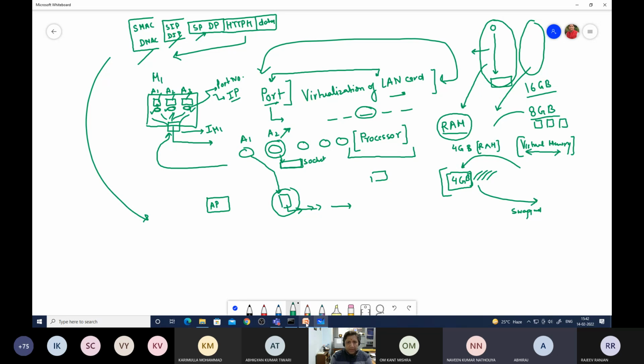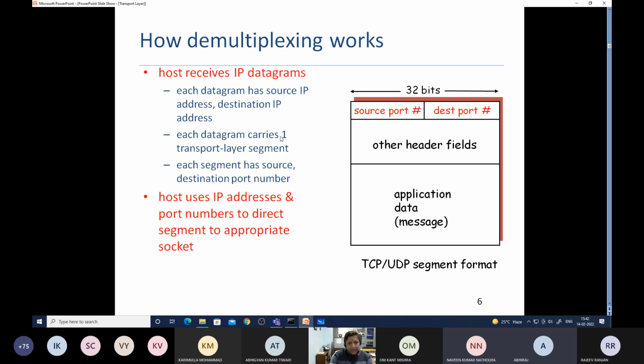So how is this happening? Each datagram carries one transport layer segment, and each segment header contains source port and destination port. What is the host going to use? First of all, the IP address will be used by the machine to accept the packet. Within that machine, which application to send to will be decided by the port number, to transfer the segment to the appropriate socket.